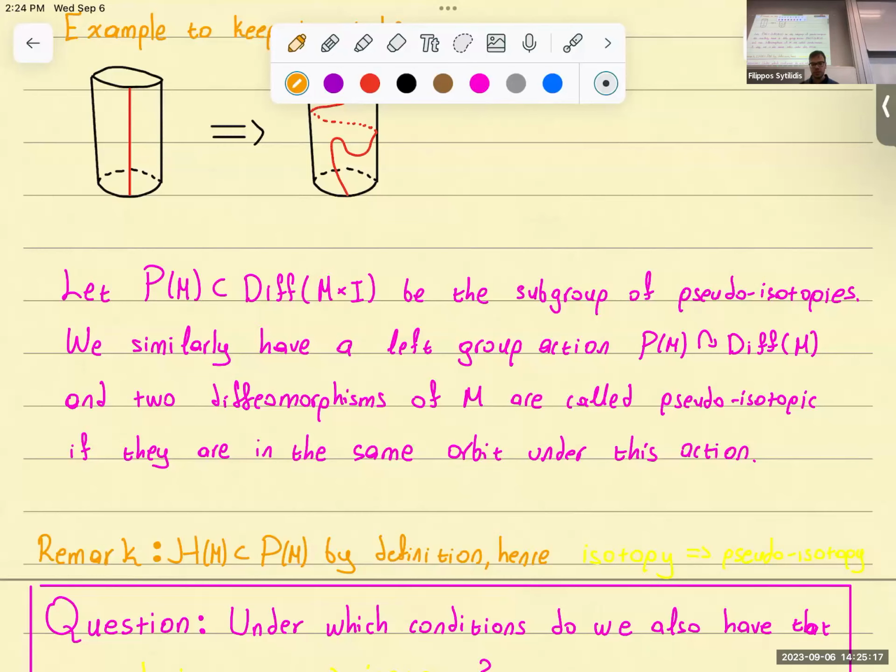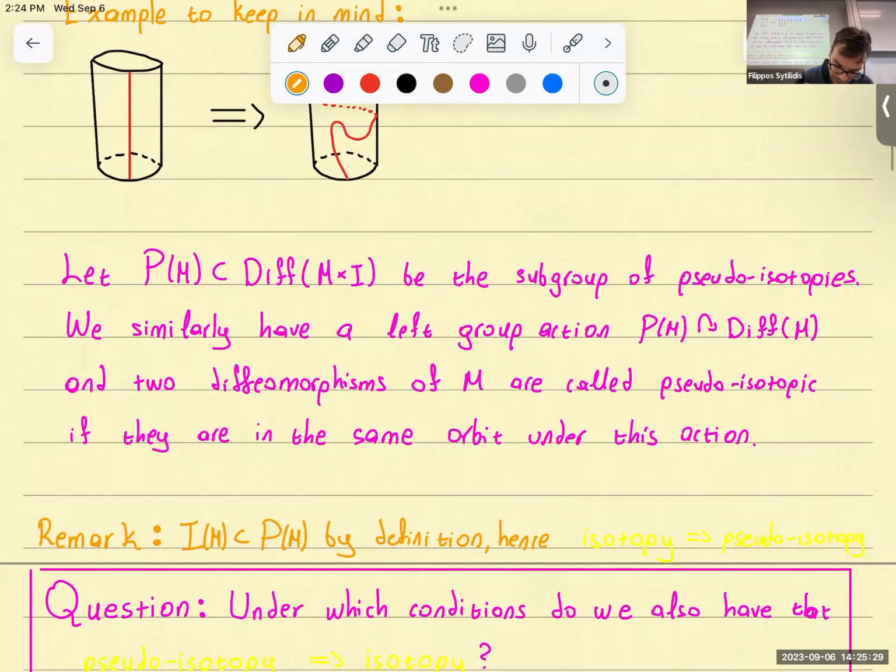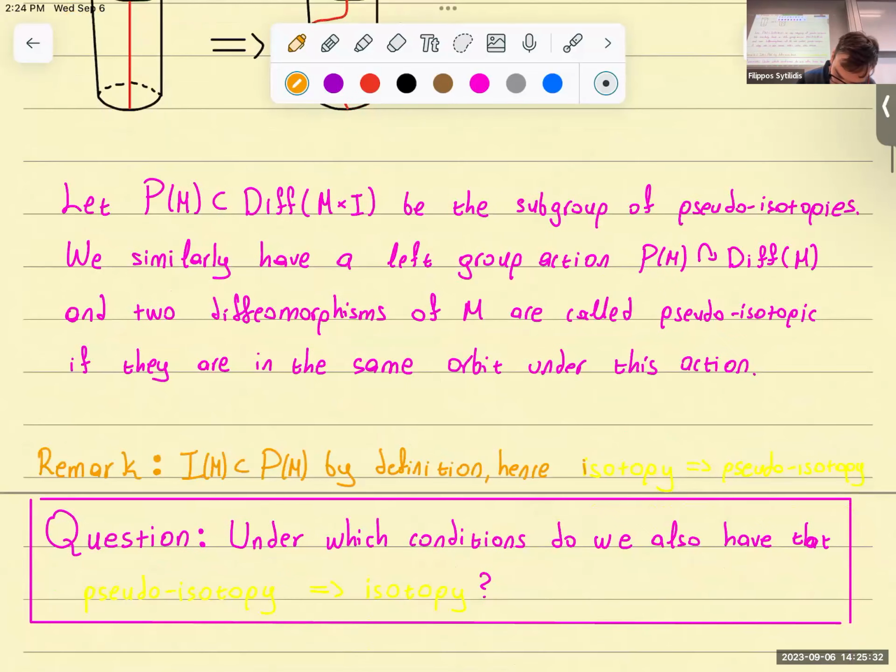So in particular, every isotopy, and I guess the same mistake here with H, every isotopy is a pseudo-isotopy, which implies that if two diffeomorphisms are isotopic, then they must be pseudo-isotopic. Okay.